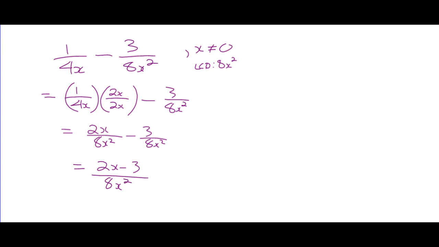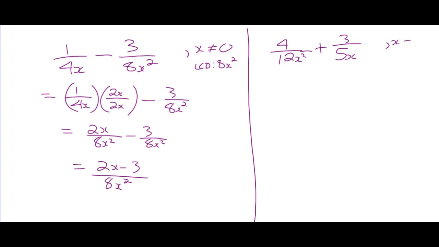Okay, let's do one where we're going to have x's and do adjustments to both again. I'll show you a couple ways you could do this. Okay, so 4 over 12x squared plus 3 over 5x. Well, we're going to start with, okay, nothing to factor.